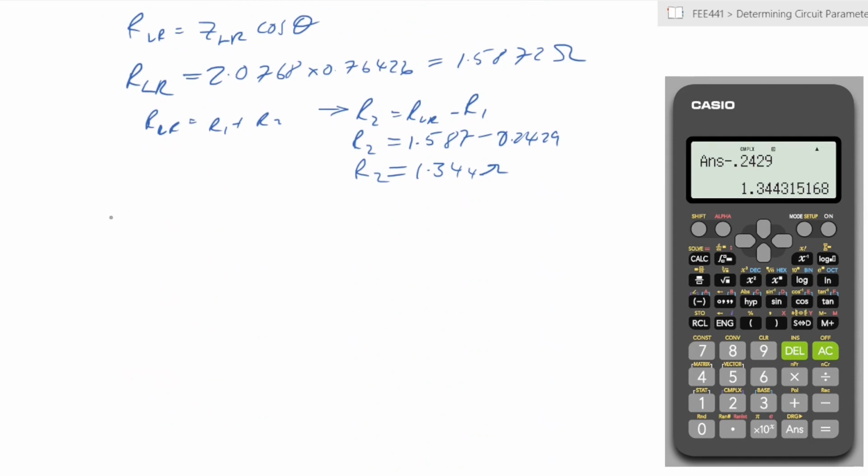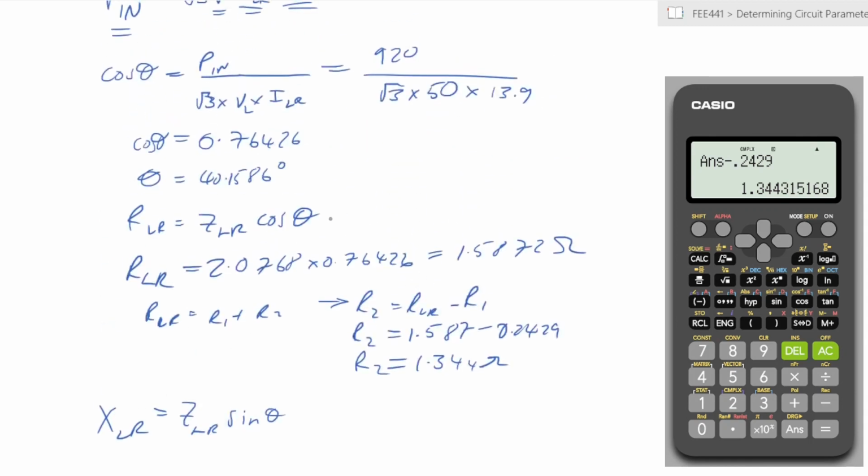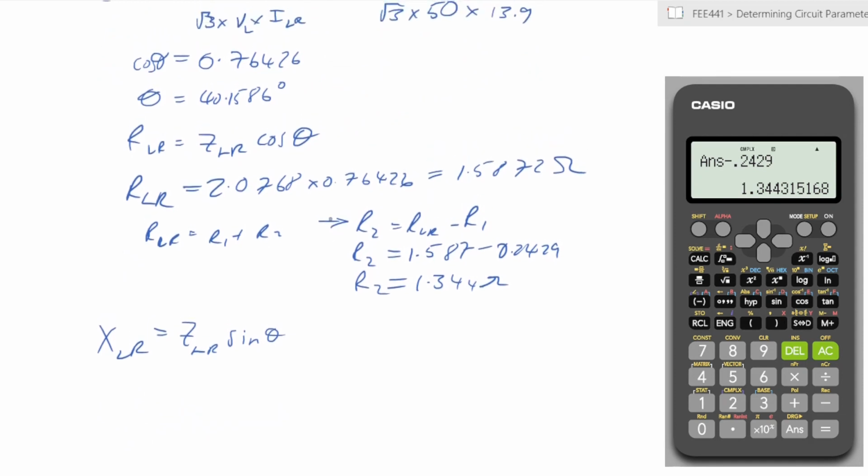Similarly, we can get XLR. XLR will be ZLR sine theta, because they are perpendicular to each other. So that will be 2.0768 times sine 40.1586 degrees.